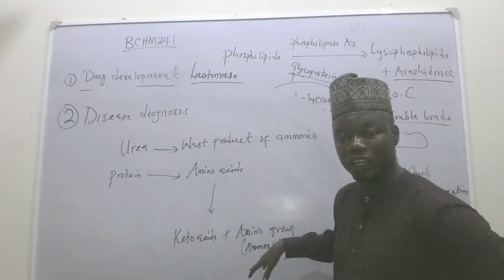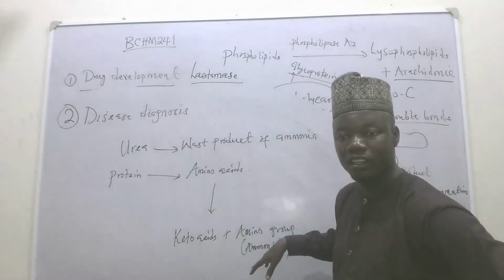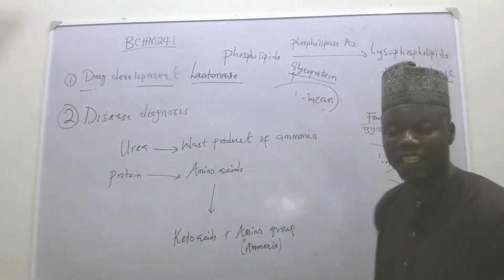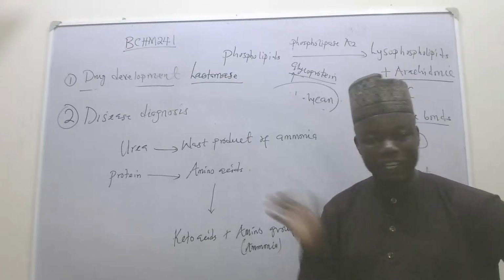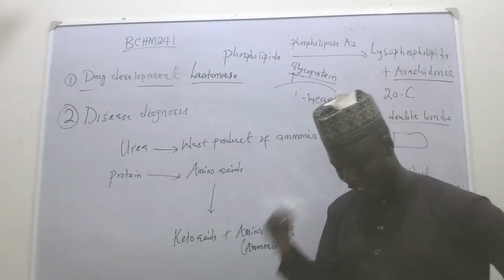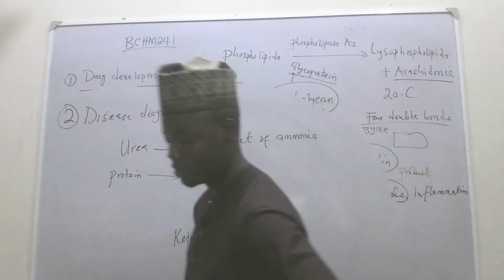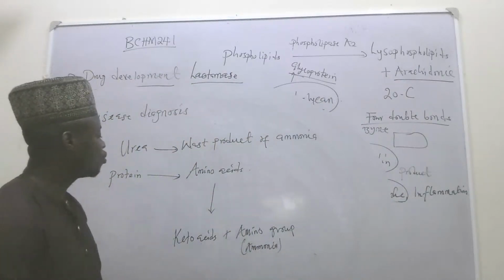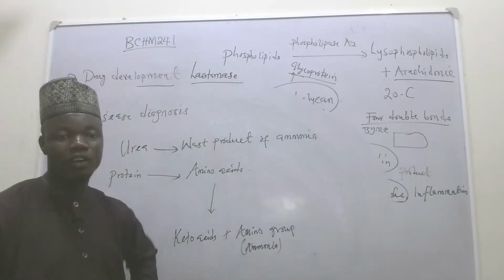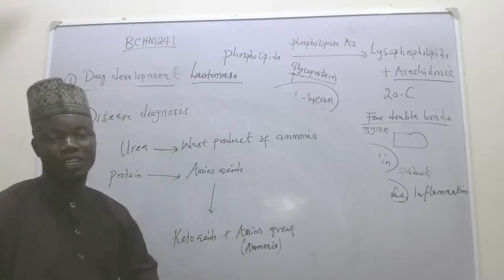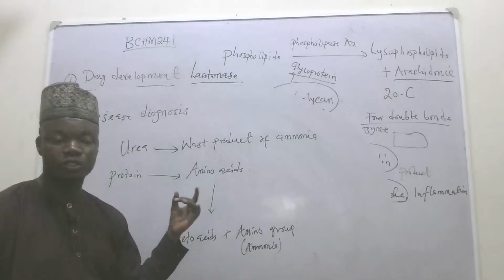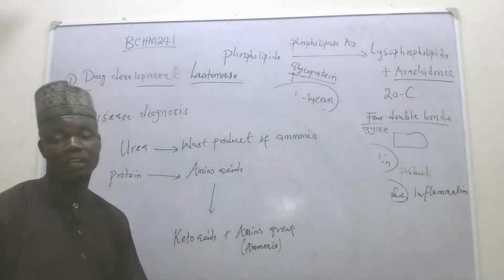And this ammonia is toxic in our body. We don't need it. In fact, when you have increased ammonia in our body, it causes mental disorders. It causes convulsion, which is called seizure, and it causes coma.